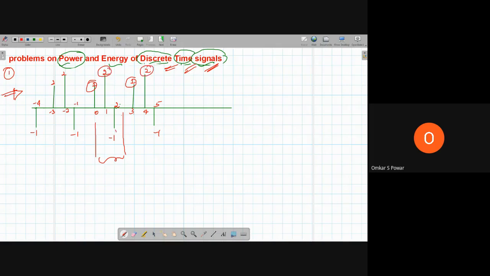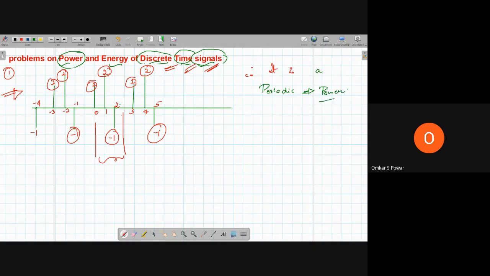See, it's repeating. The same pattern can be observed here also. So therefore it is periodic. Hence it is a power signal, like power star Puneeth Rajkumar.